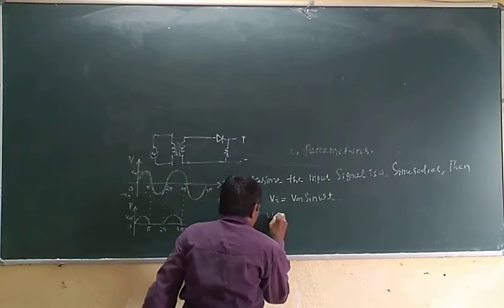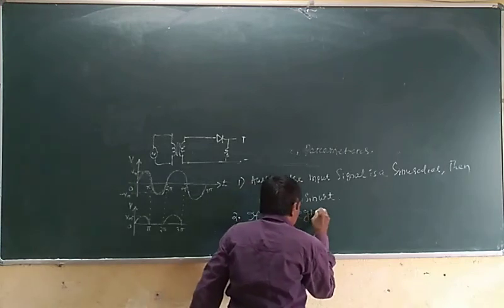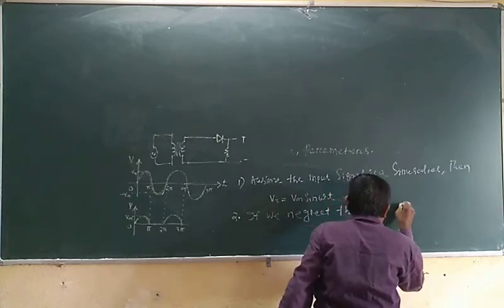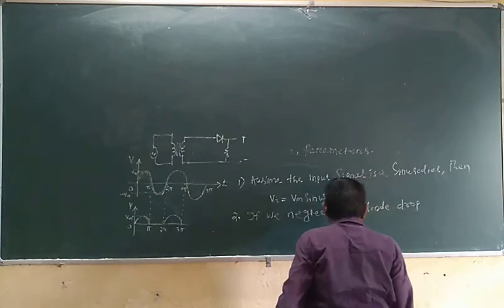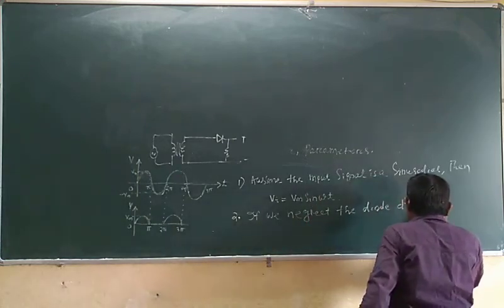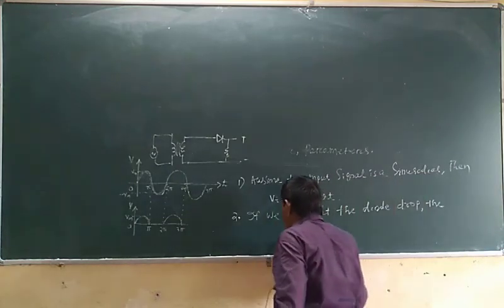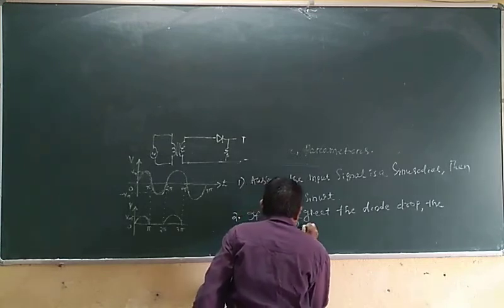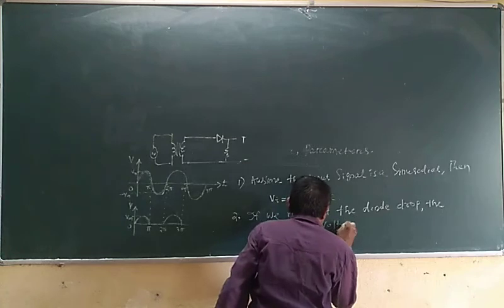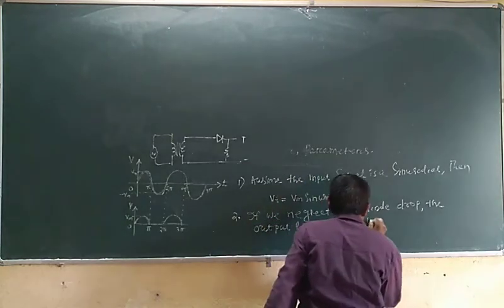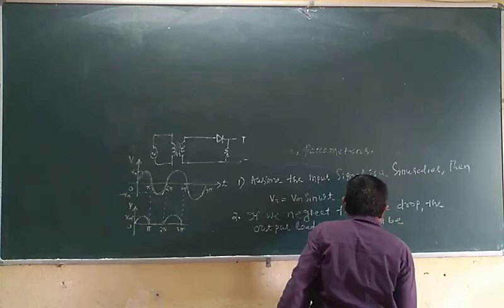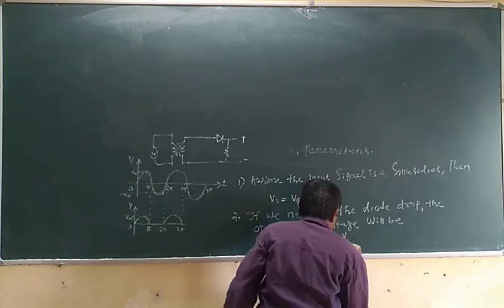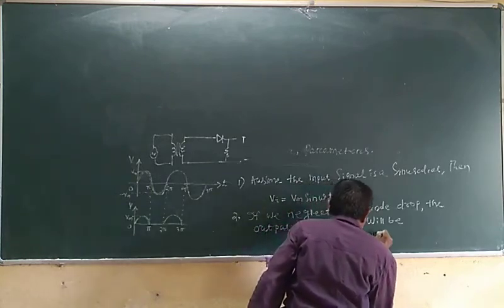If we neglect the diode drop, the output load voltage will be VL equal to Vm sin omega t.